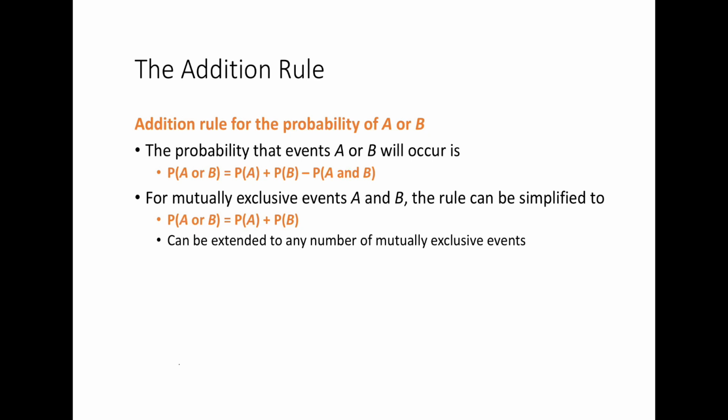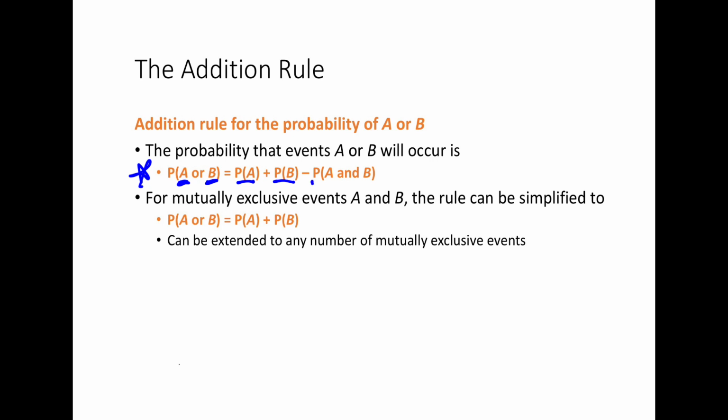So this brings us to the addition rule. The first one is our general addition rule. And we say general because this could be used in any situation where if we want to know the probability that A or B occurs, then we're going to take the sum of those two events, the probability of the first added to the probability of the second.